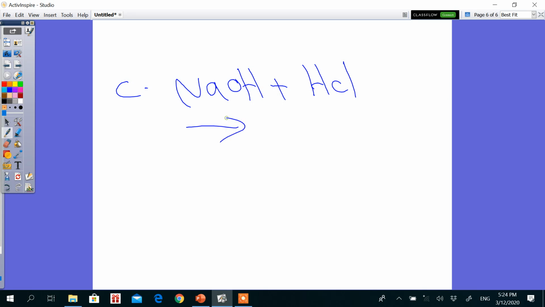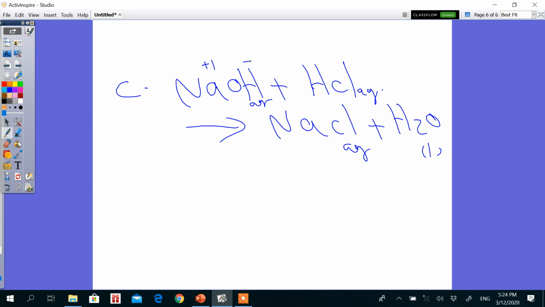Also, we can move to another example, number C. Sodium hydroxide NaOH plus HCl produces NaCl and H2O. Acid plus base gives salt plus water. Sodium hydroxide aqueous, hydrochloric acid aqueous, sodium chloride aqueous plus water liquid. You know that. The charges here: sodium positive 1, hydroxide negative 1, hydrogen positive 1, chloride negative 1.